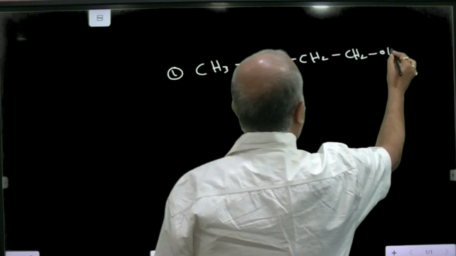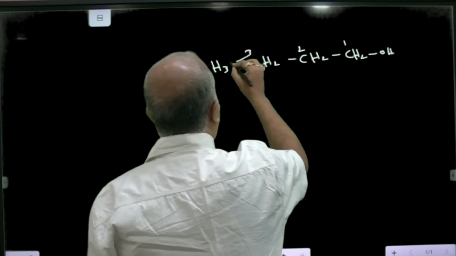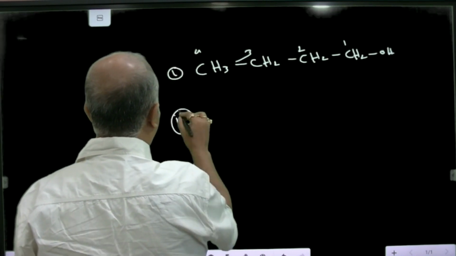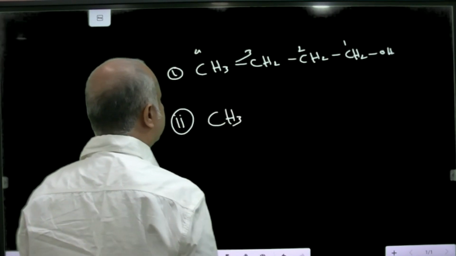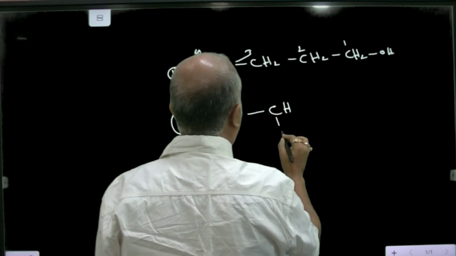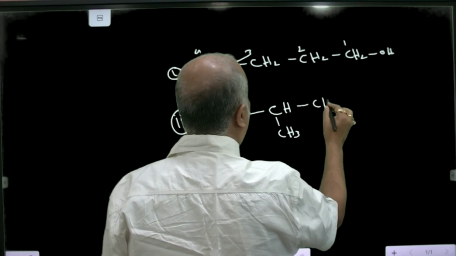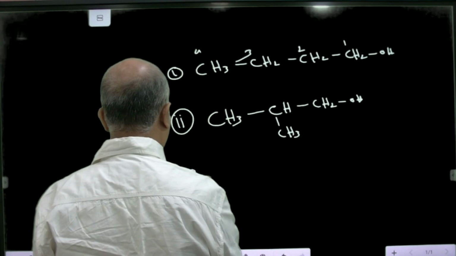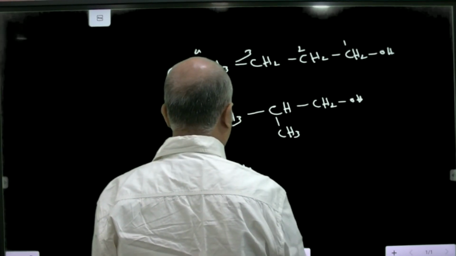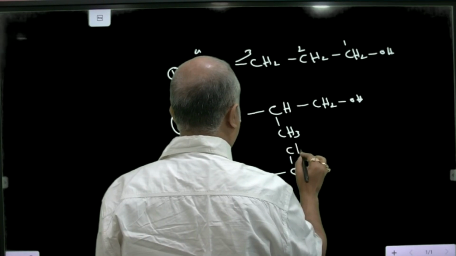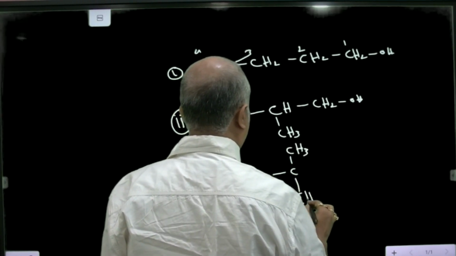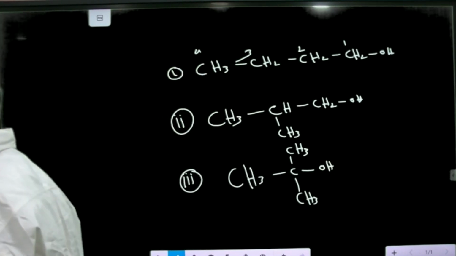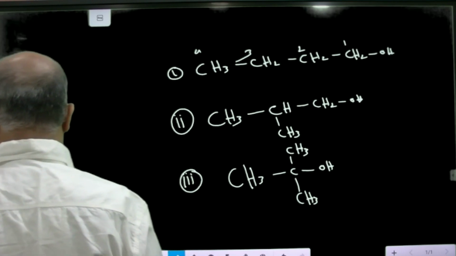That is one butanol. Next one is 2-methyl one propanol. Another one is the 3-degree alcohol.